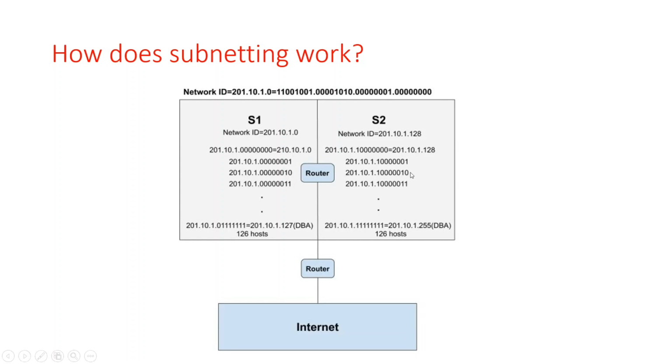Similarly, in the second subnet network we have 126 hosts, from 128 to 255. After combining subnet 1 and subnet 2, the overall number of hosts after subnetting is 252. Because of subnetting, there is a loss in the number of IP addresses.